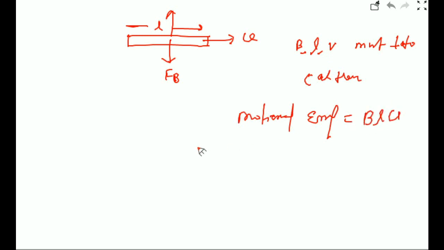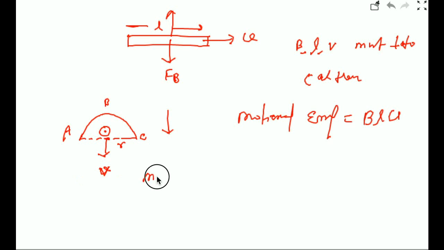Take an example. Suppose a semicircular wire ABC is moving down with a given magnetic field out of the plane, with radius small r, with constant velocity V. What is the motional EMF?